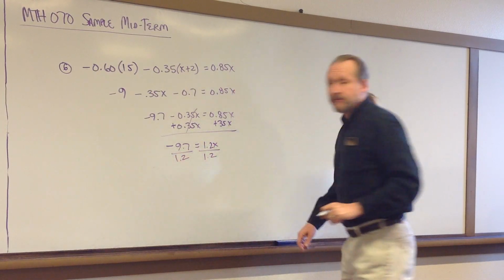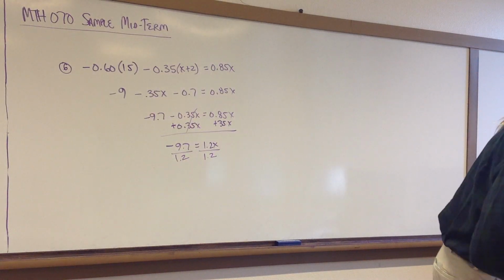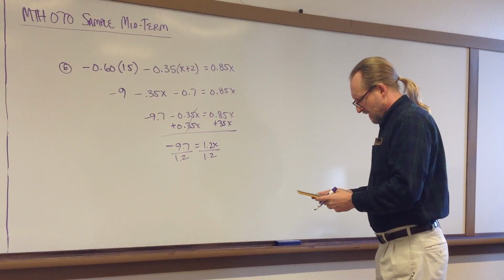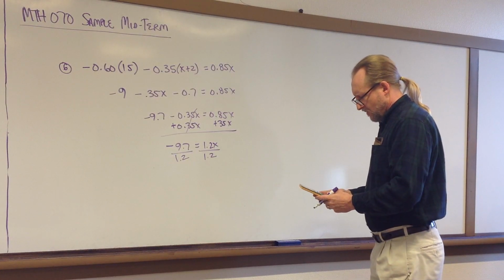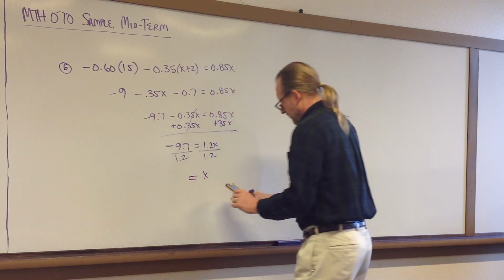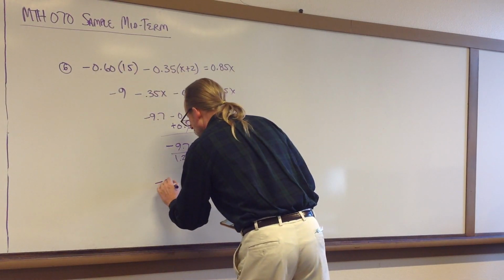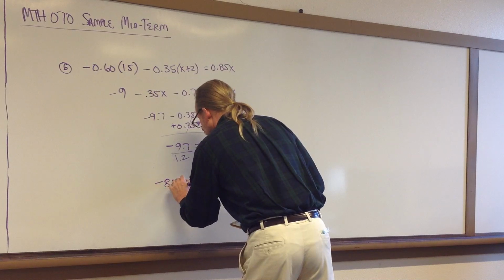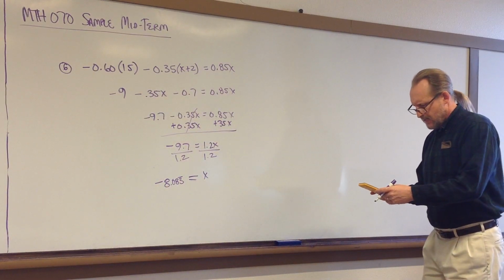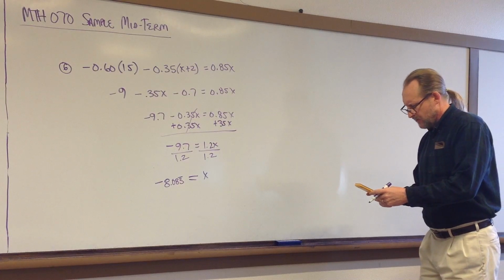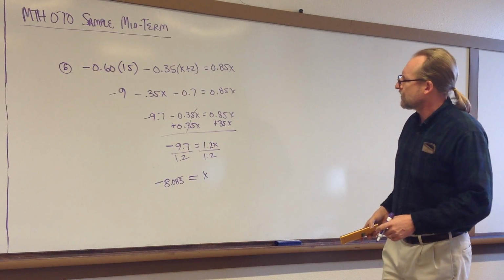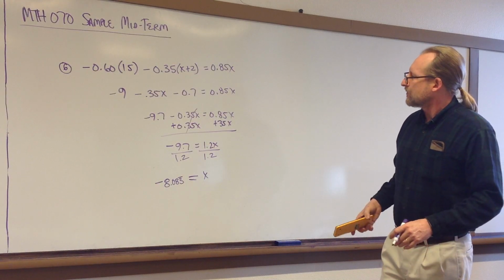Now I need to divide on both sides by 1.2. Negative 9.7 divided by 1.2. And so x is going to be negative 8.083 repeating. We can turn that into a fraction if we want to. It's just 97 over 12, which is 8 and 1/12.